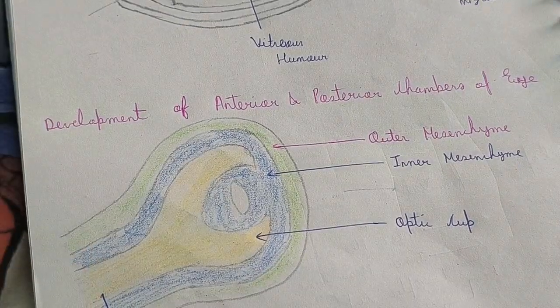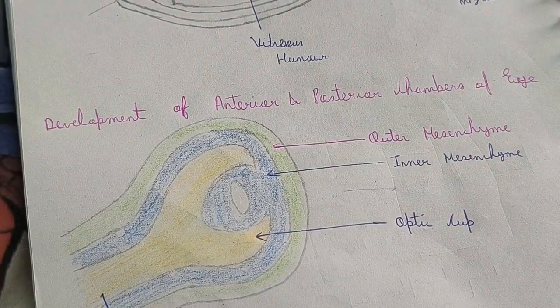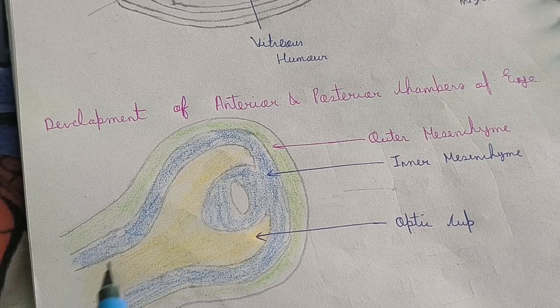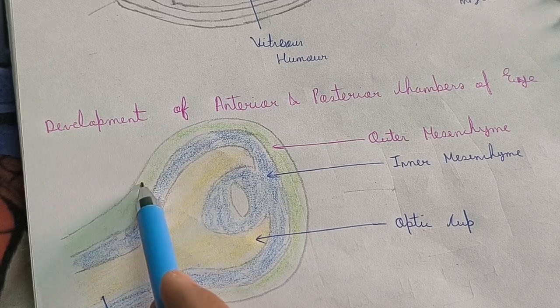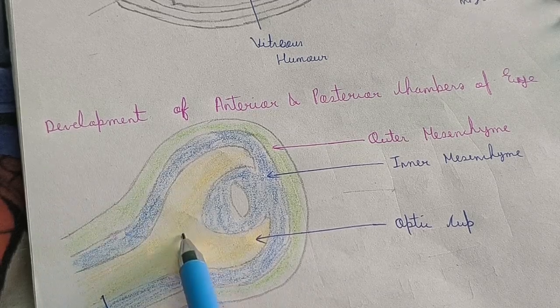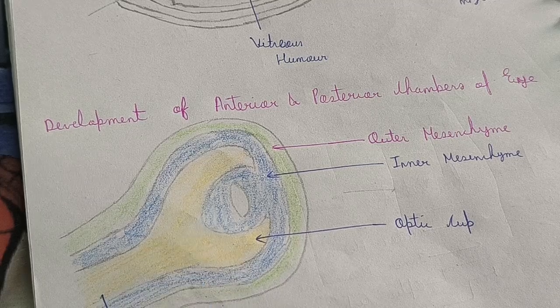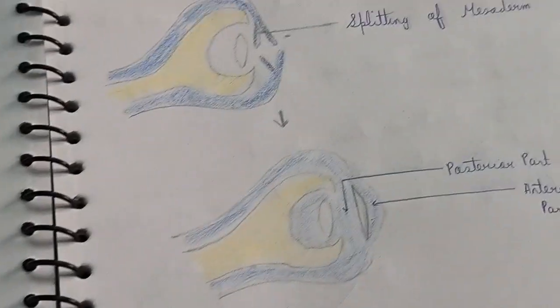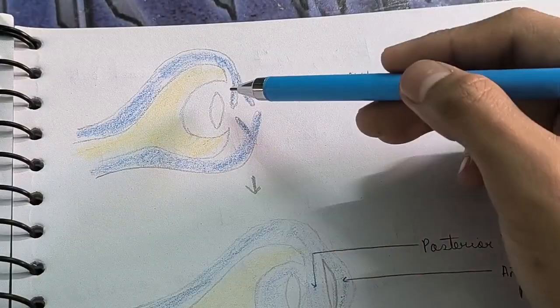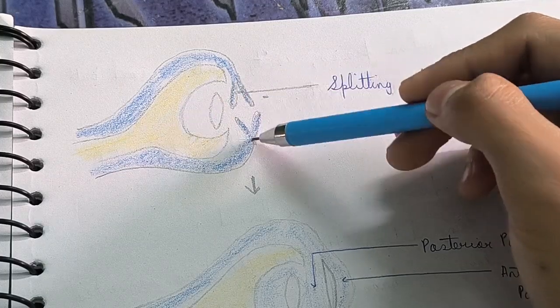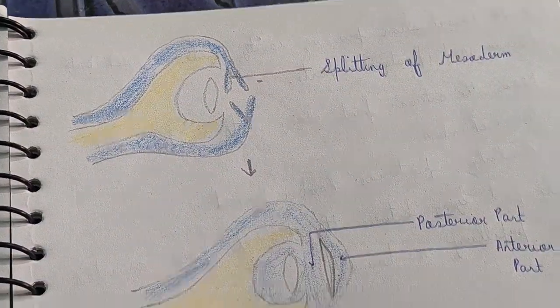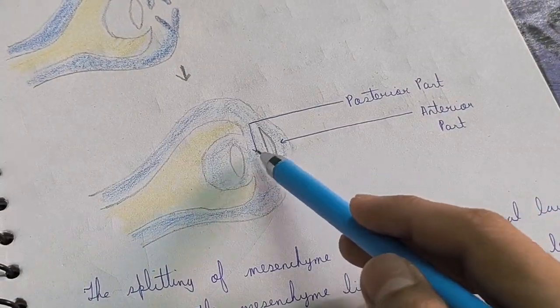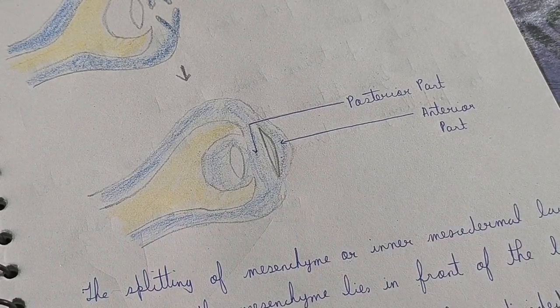Now let's discuss the development of the anterior and posterior chambers of the eye. Again, this is the outer mesenchyme, inner mesenchyme, optic cup, and optic stalk. As you can see in this diagram, the inner mesenchyme is splitting into parts, and as a result of this splitting, anterior and posterior parts are formed.